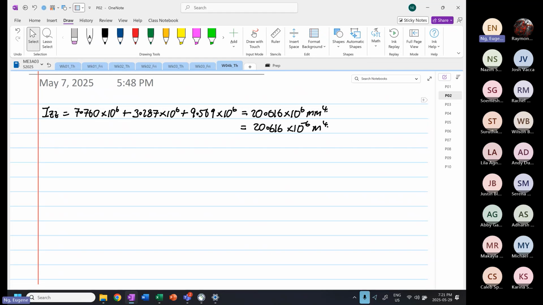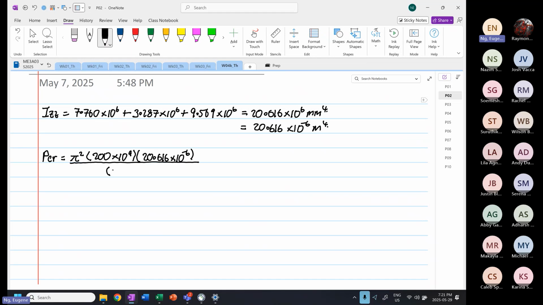So the next thing we're going to find is our PCR. So it's pi squared, Young's modulus is 200 times 10 to the power 9, IZZ is 20.616 times 10 to the power minus 6. And then we are going to divide this by LE, the effective length.